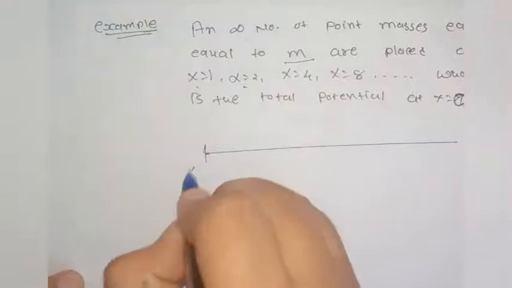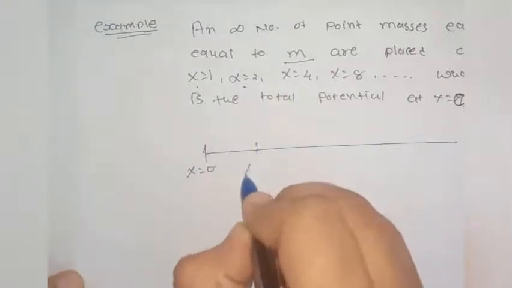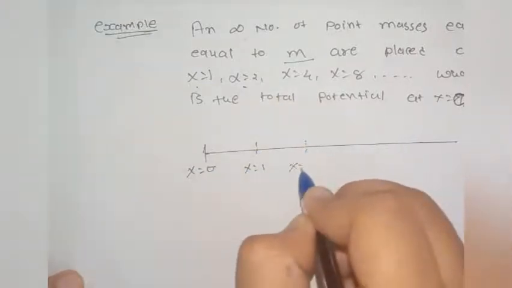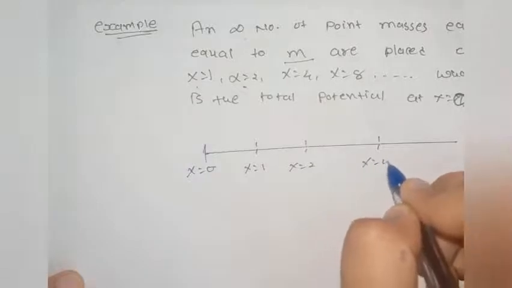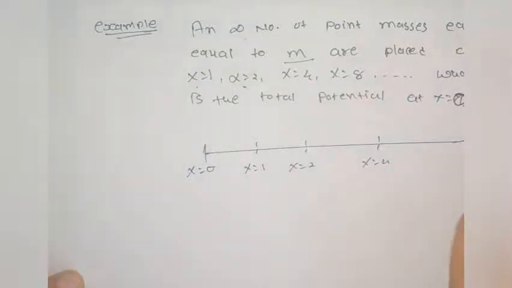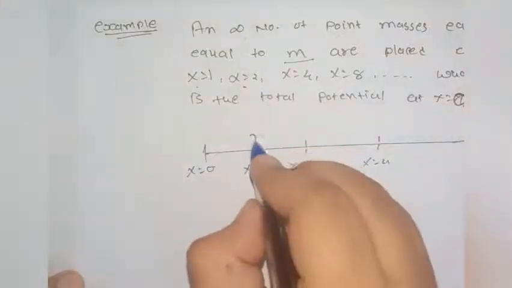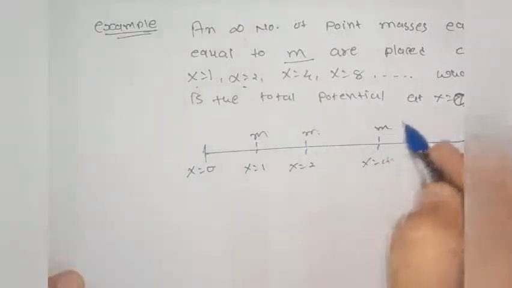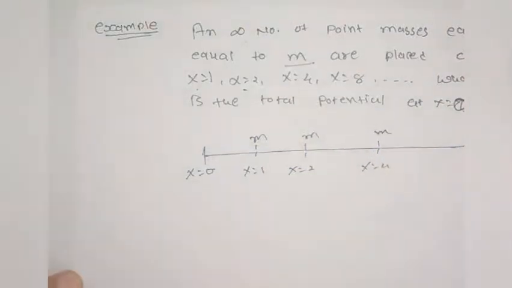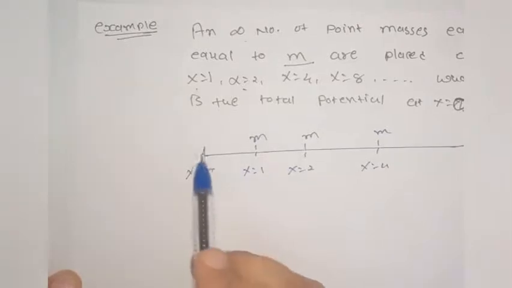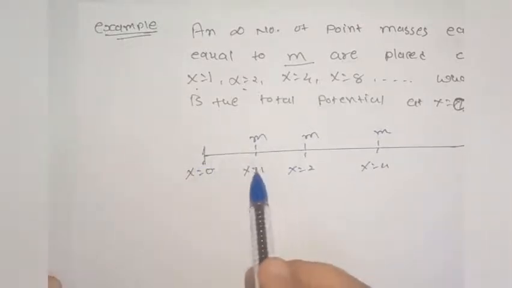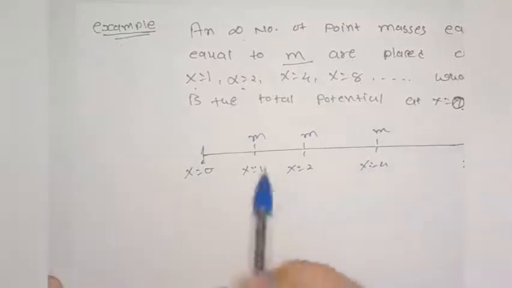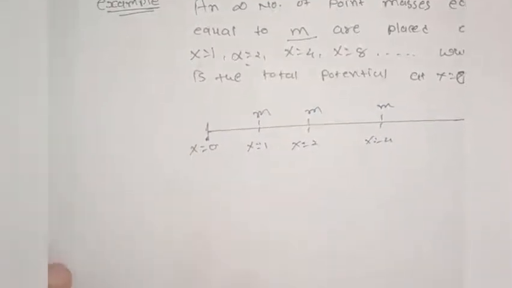This is x equals 0, x equals 1, x equals 2, x equals 4, x equals 8 and so on. All the point mass particles have the same mass m. The potential at point x equals 0 will be the addition of potential due to all the individual point masses.